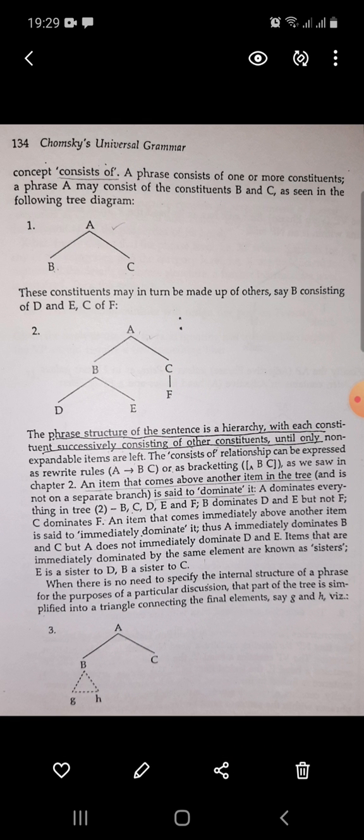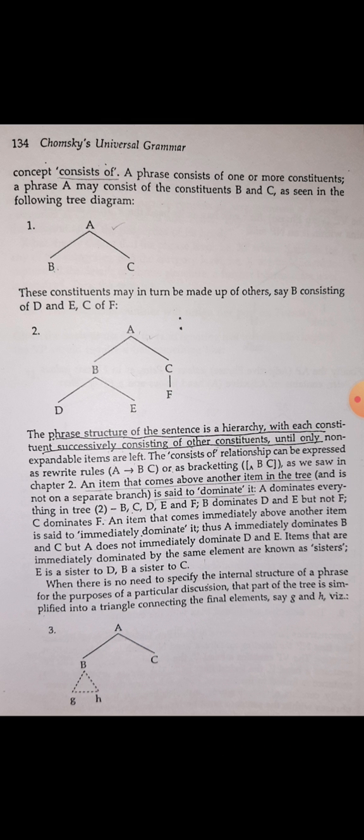So I told you constituents, so consist of. The simple thing he wants to say is that phrase structure theory is just related to analyzing the constituents of some whole, the constituents of a phrase, actually.